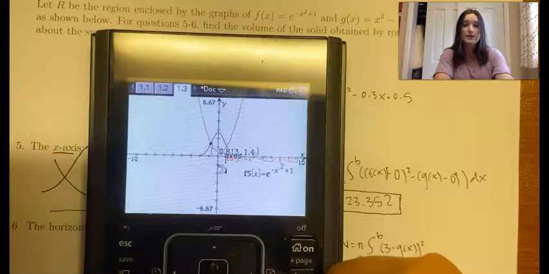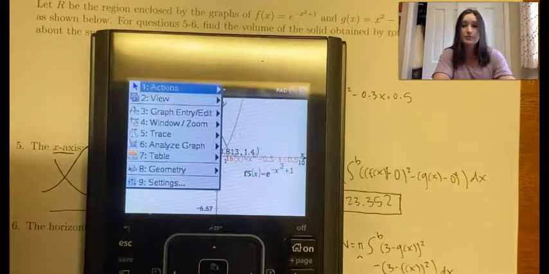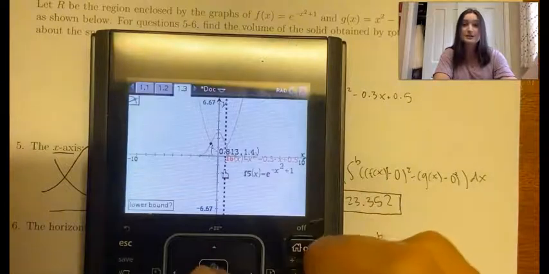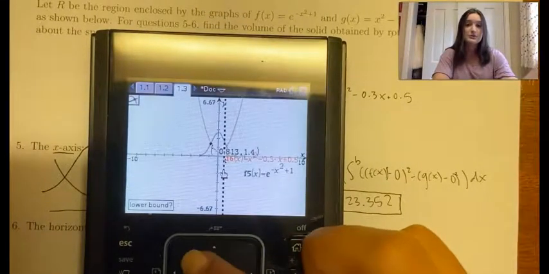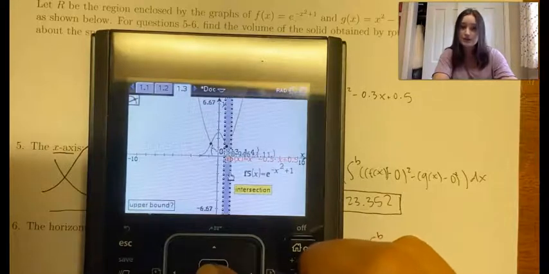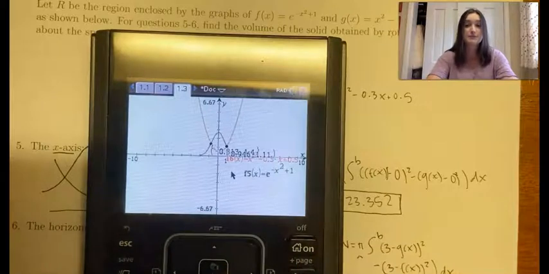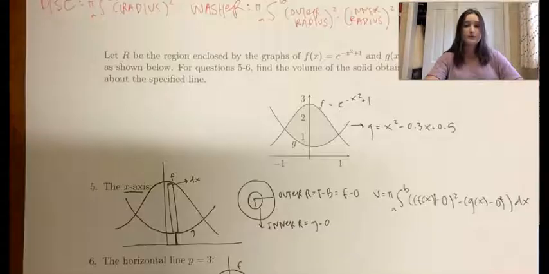I have my x value as negative 0.813. You want to write that down or remember it, because that's going to be my a. And then when we do the same thing again, you get another x value, you can't really see it there, but it says 0.945, and that's going to be my b. I didn't write out all the work for this, but you can see down here that I have that a and b.